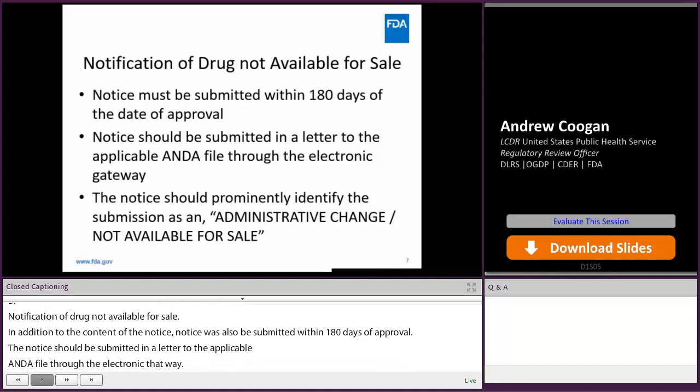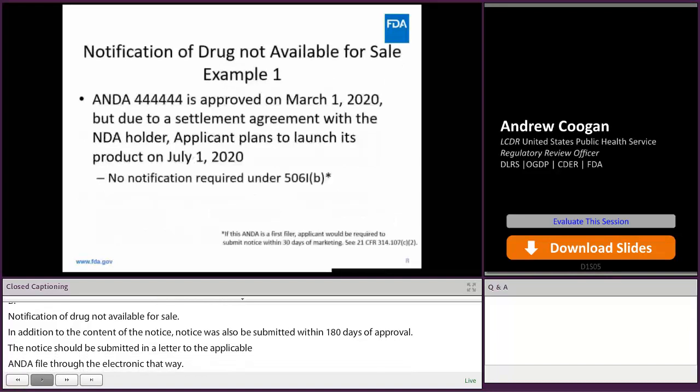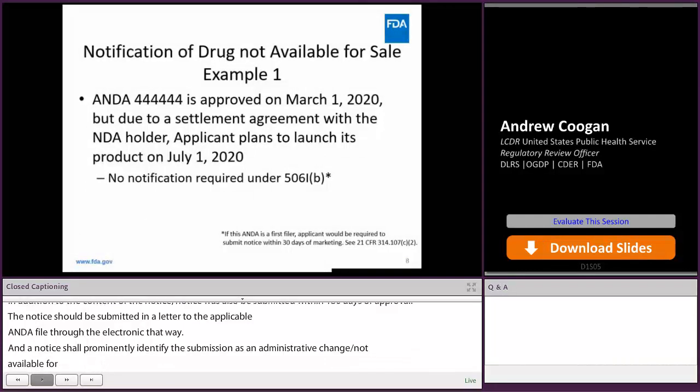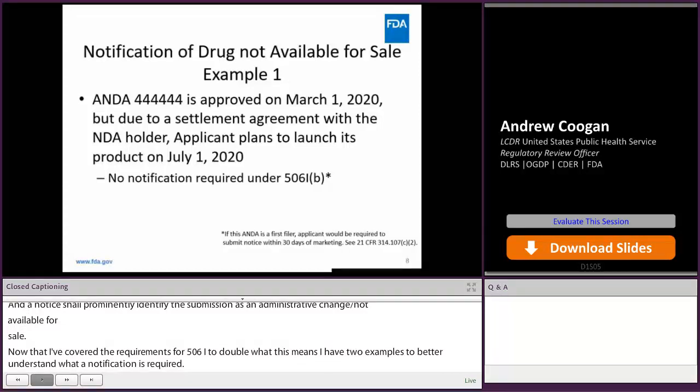So now that I've covered the requirements of 506IB and what to submit, I have two examples to better understand when a notification is required. For example 1, we have an ANDA 444-444, and let's say it's approved on March 1st, 2020. However, due to a settlement agreement, the ANDA applicant cannot launch its product until July 1st, 2020.